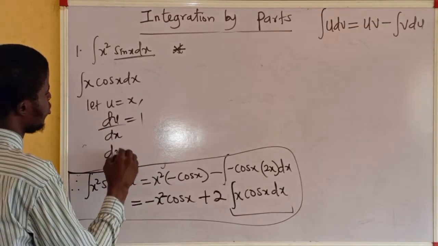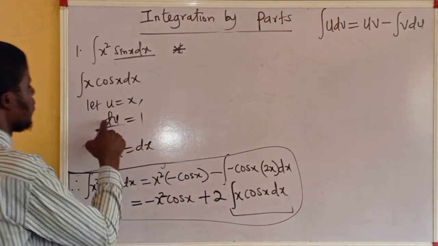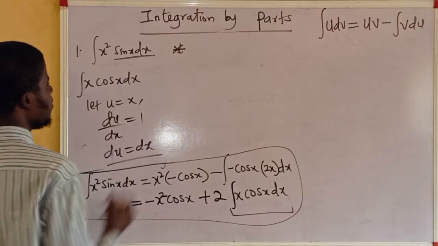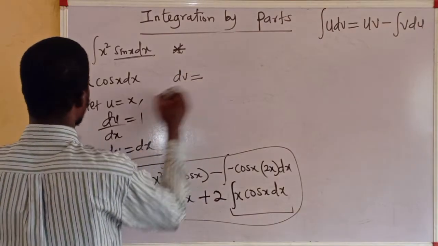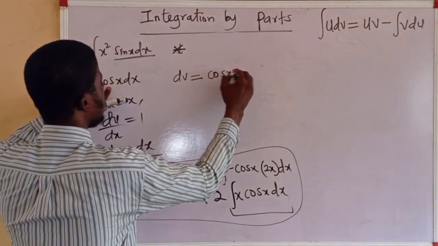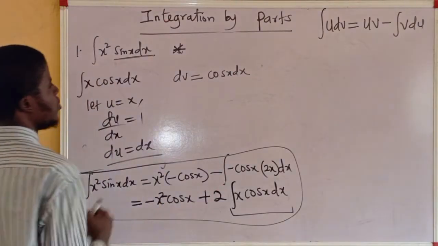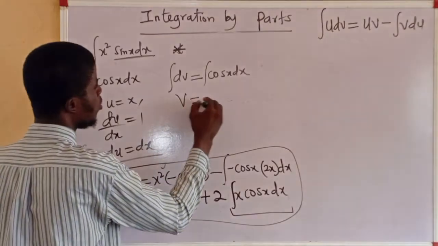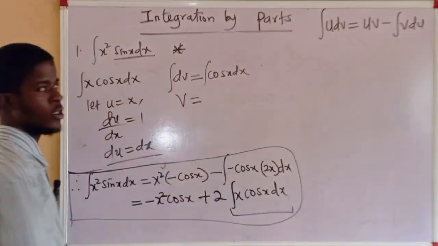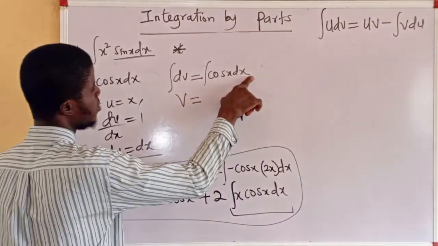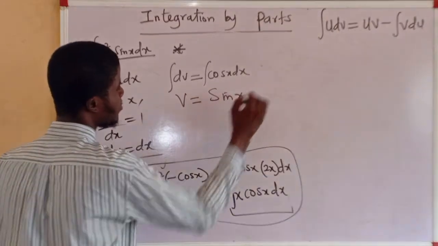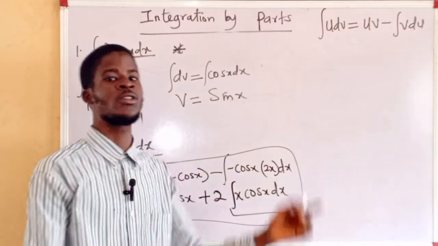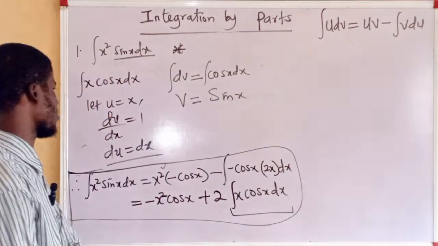And this implies that du is equal to dx. If you cross multiply, this is what we have. So dv is equal to cos x dx, so that if I integrate both sides, v is equal to what is the integral of cos x? That's the integral of cos x dx is sin x. Differentiate sin x to get cos x, integrate cos x to get sin x.